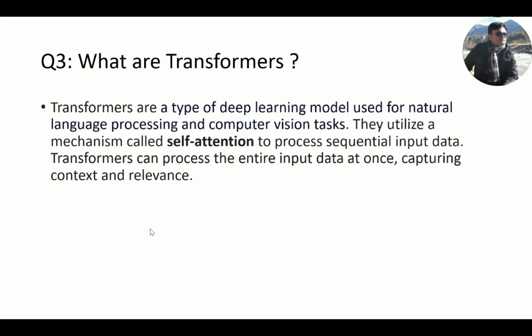How can this entire data be processed at once, and what is the significance? It can be done through the attention mechanism, which allows the model to focus on the most relevant part of the input for each output.